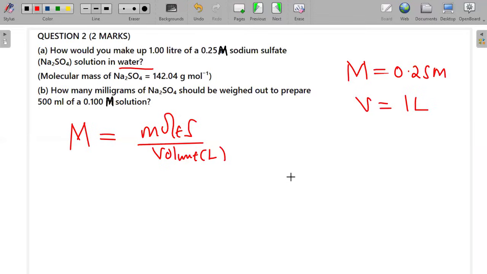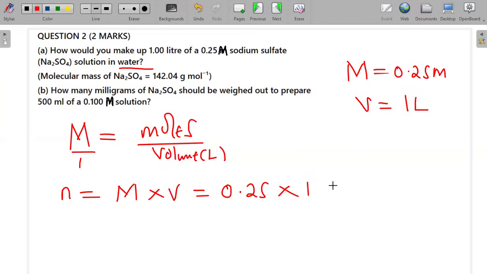How can I find the mass that will make up this concentration? I need first of all to find the moles. So cross multiply: moles, whose symbol is n, equals molarity multiplied by the volume. The molarity is 0.25 multiplied by the volume, which is 1.